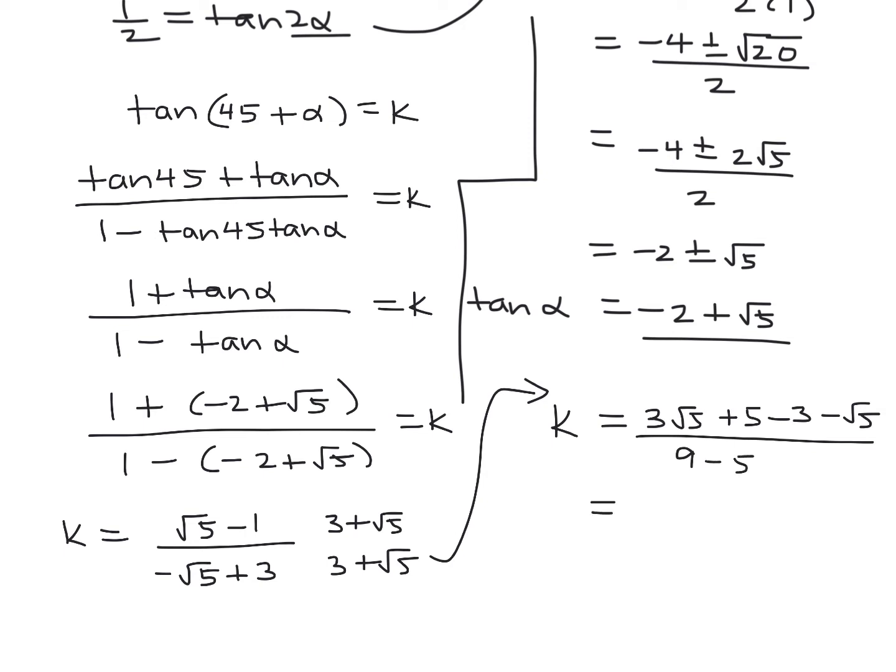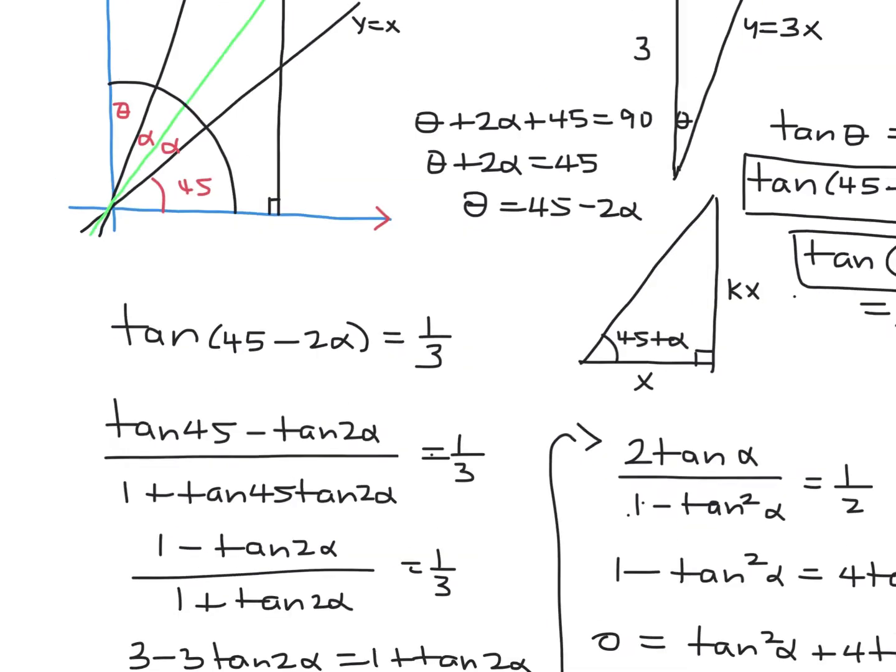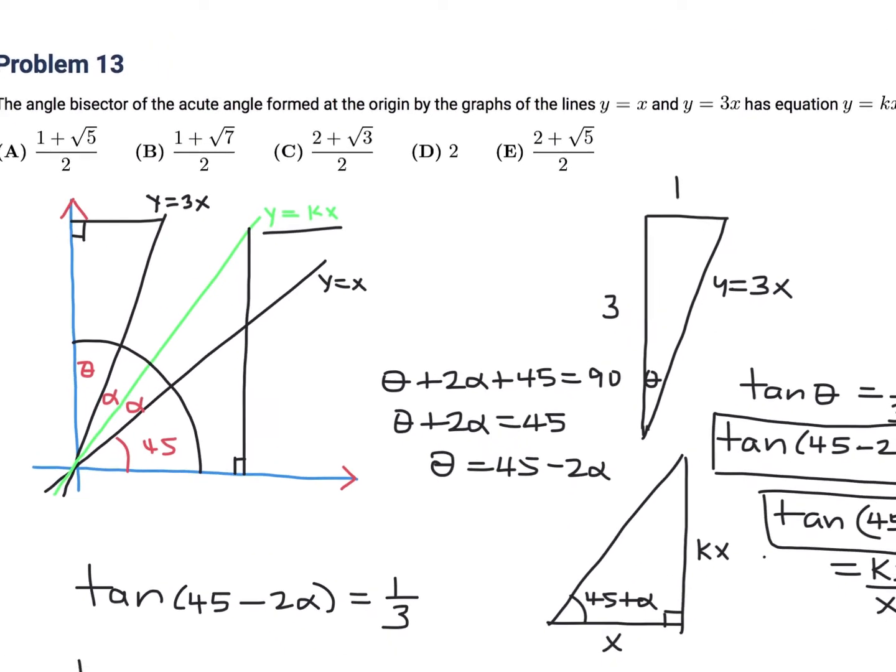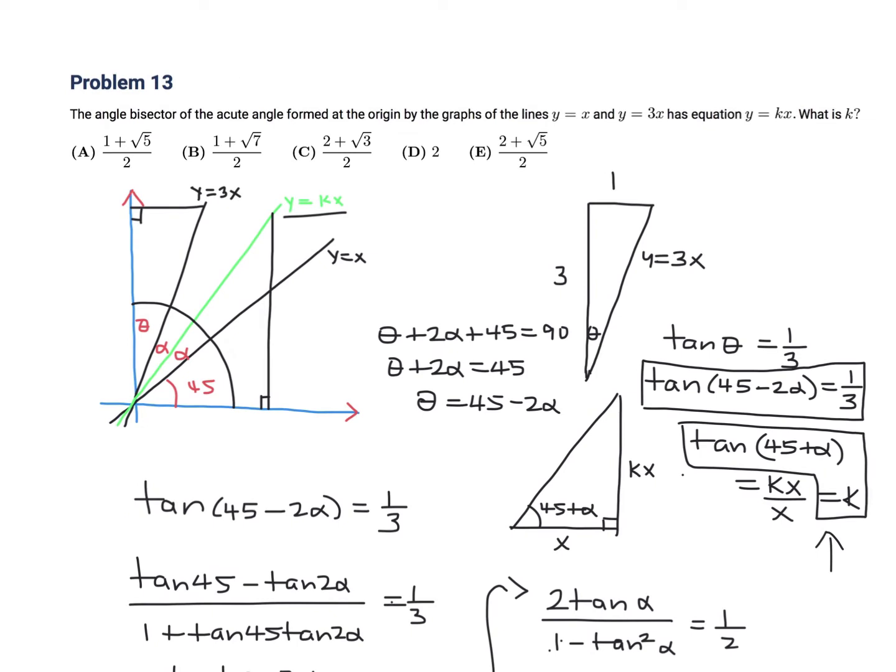So that means we have 2 root 5 plus 2 over 4, and that is root 5 plus 1 over 2. Root 5 plus 1 over 2 is the value for k, and let's see what we get. What is k? Root 5 plus 1 over 2, and that's choice A. So it's an excellent question.